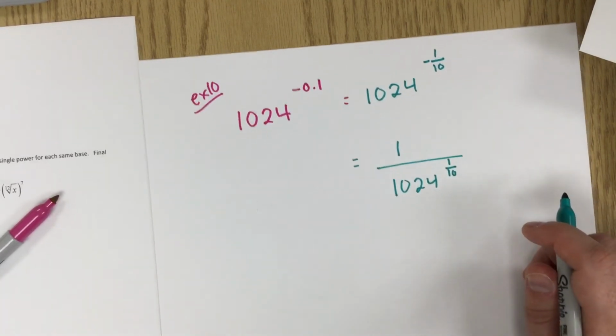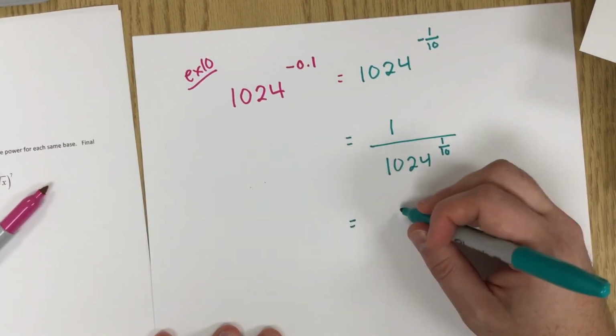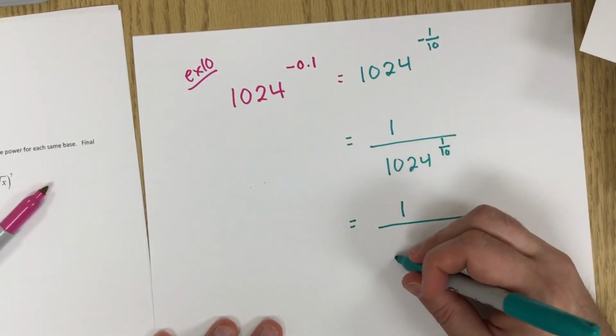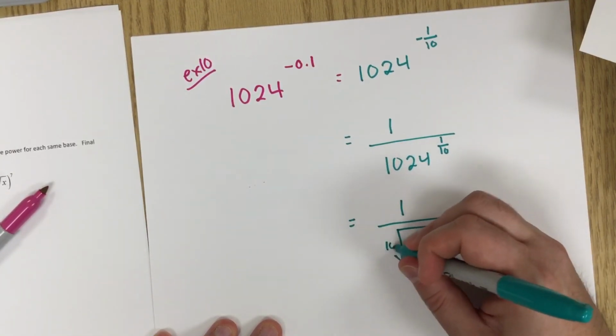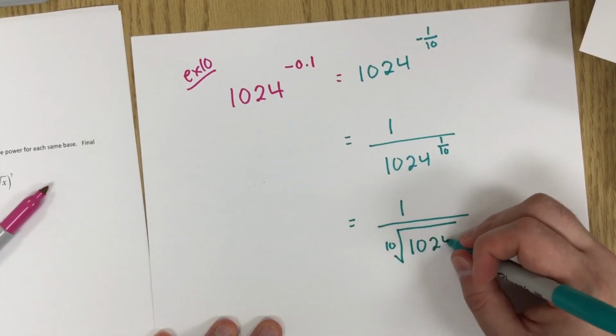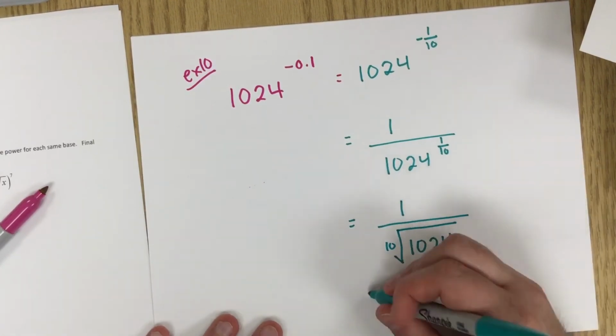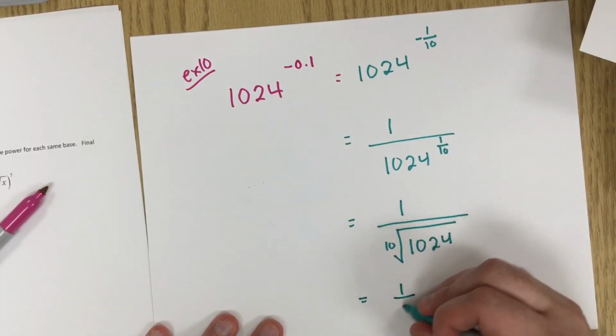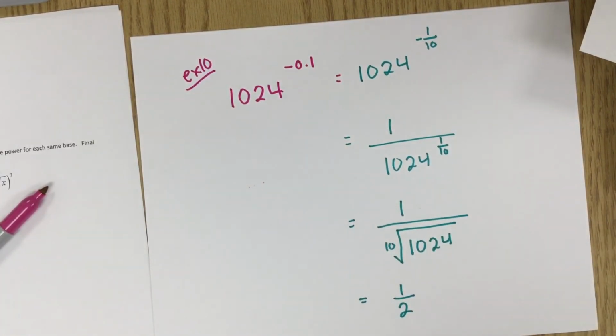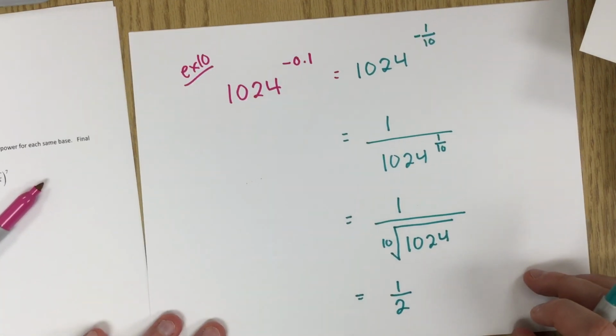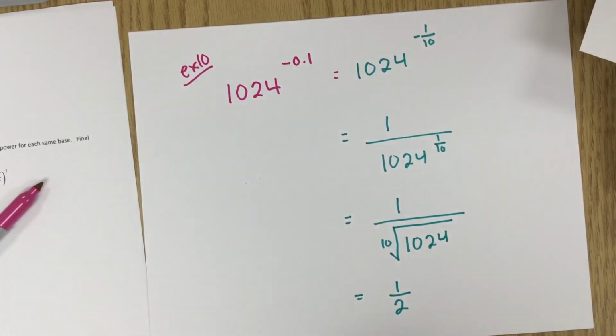That's what the negative exponent does, which is 1 over the 10th root of 1024, which is 1/2. So 1024 to the negative 0.1 is equal to 1/2, or 0.5.